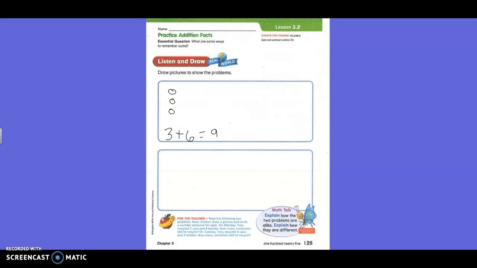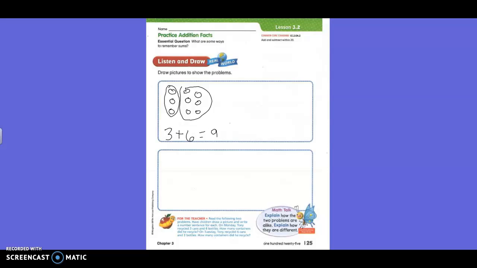And then 6 circles, right? And then that would be 9, right? So we have 3 circles plus 6 circles, all together equals 9 circles, right?